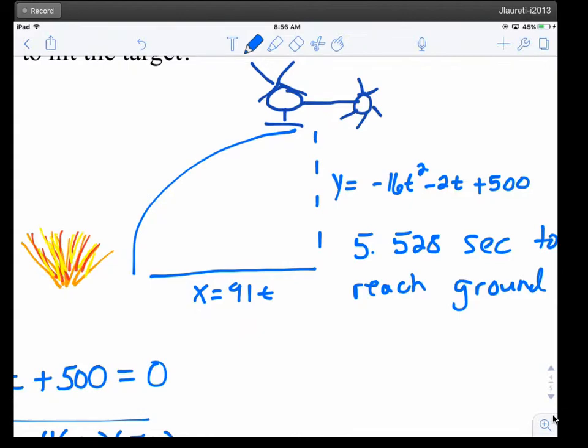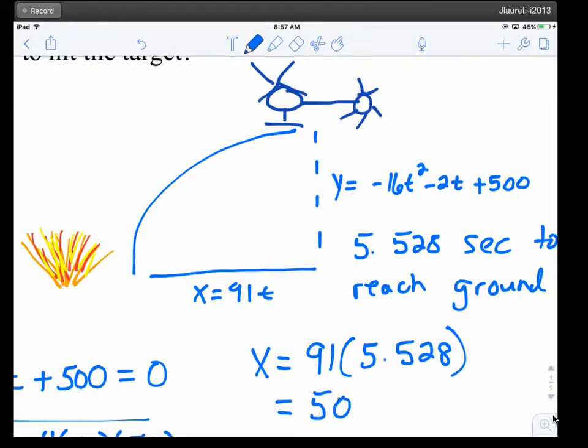Now we need to figure out how far away I need to start releasing the water so that by the time it reaches the ground, it hits right on top of the fire. So you're going to plug what you got here into here. So 91 times 5.528 would be what? 503. Point what?